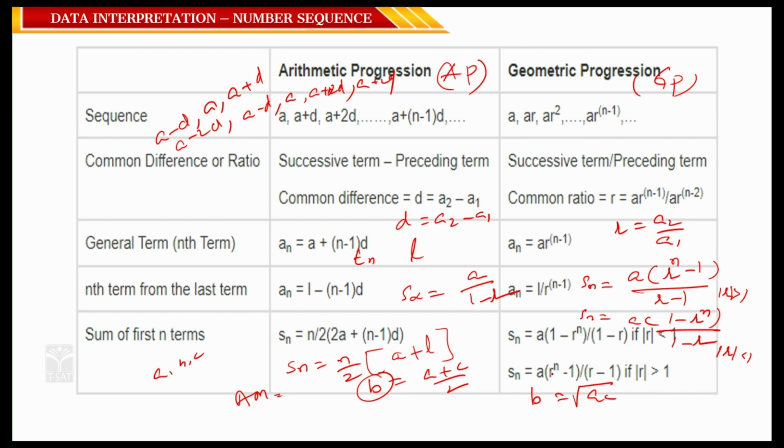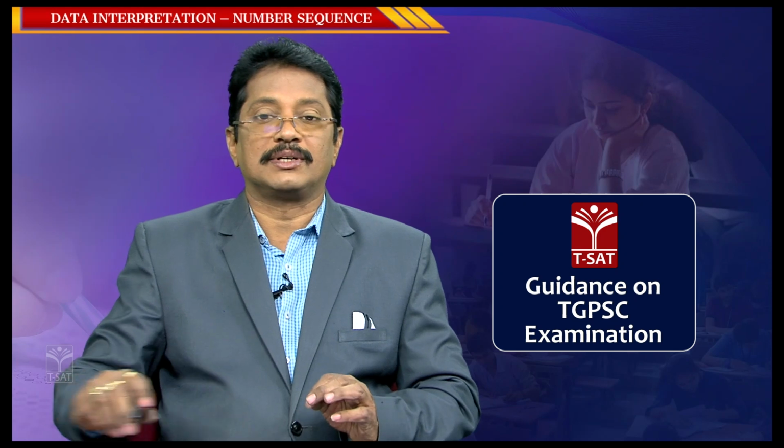If there are n quantities, the arithmetic mean is a1 plus a2 plus a3 and so on up to an, by n. This is the arithmetic mean, and the geometric mean is the nth root of a1 a2 a3 up to an. Clear? Okay.